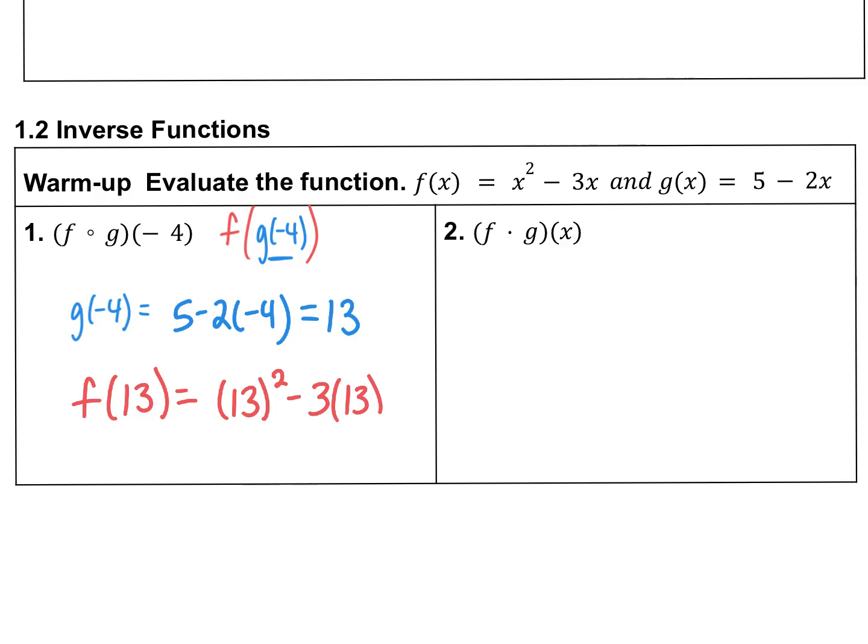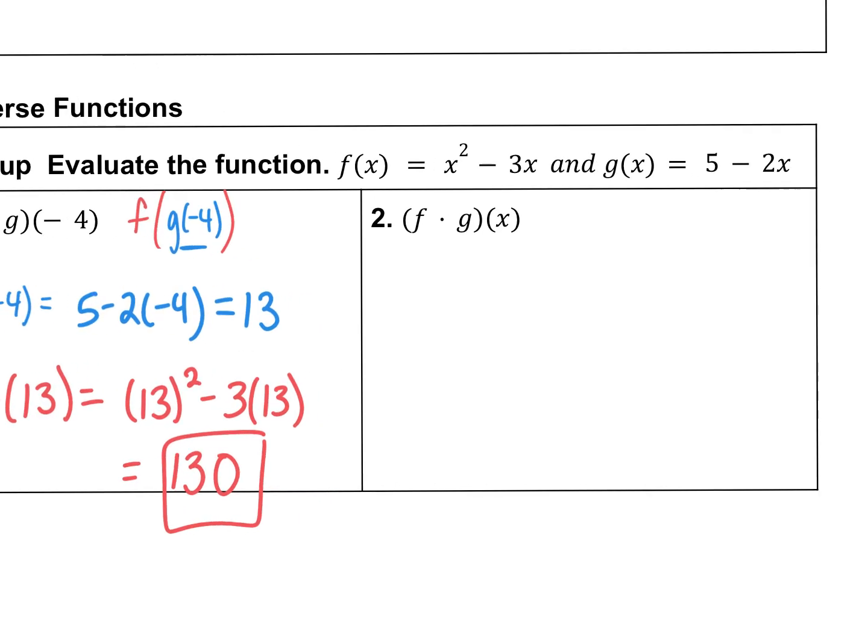What's the answer on that one? 130. We all get 130? We agree with 130. Are we okay with this? No? Do you have a question? No. Okay, you're kidding. All right. It's not the nicest looking math problem in the world, right? But we get it. We can do it. That's the goal.